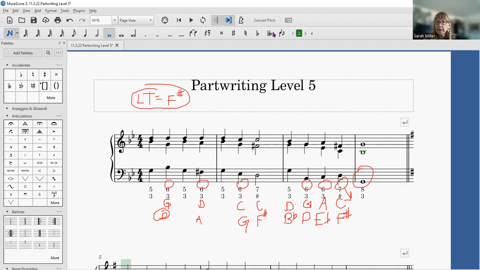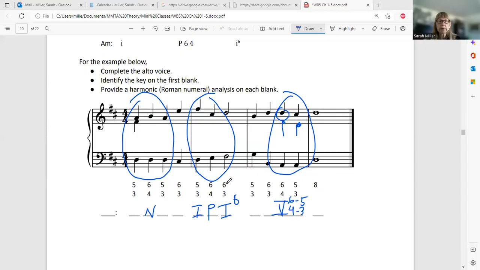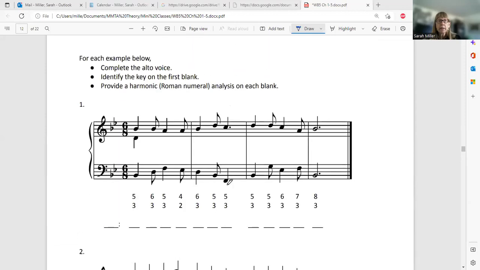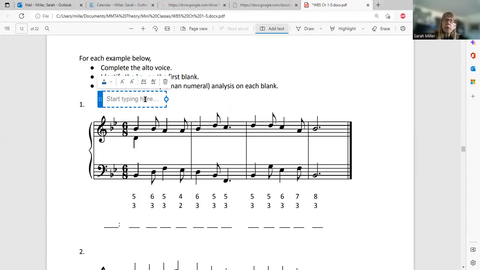Now I hope that that helps all of you. One other suggestion that I had for people, and I will show you this, is, let's make sure I'm doing the right thing. This one, okay. If you are in a key, since they're doing Roman numerals, when they first start doing Roman numerals, it can be very helpful to write at the top what each of the chords is made up of.